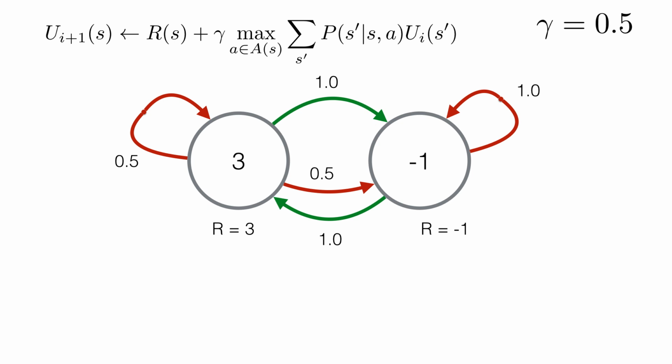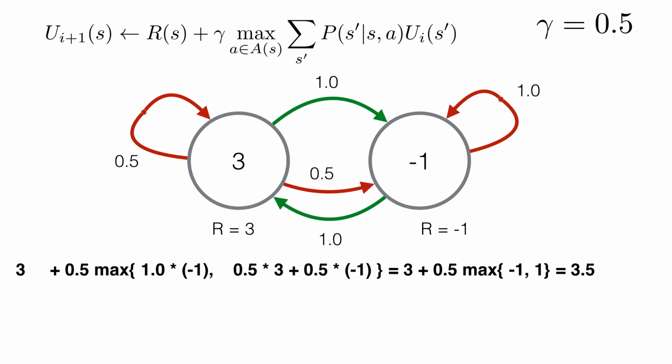So let's continue updating. On the left, we have 3. Again, the reward value just keeps popping in each update. Plus 0.5, which is gamma, times now the max of one action, the green action, which takes us with 1.0 probability to a state that we are currently estimating is worth -1. That means the first option is to get -1 utility.